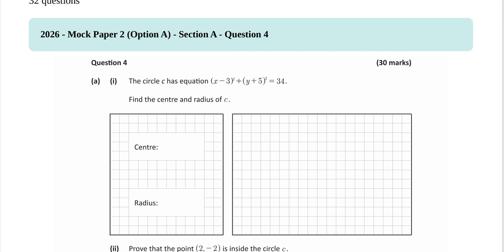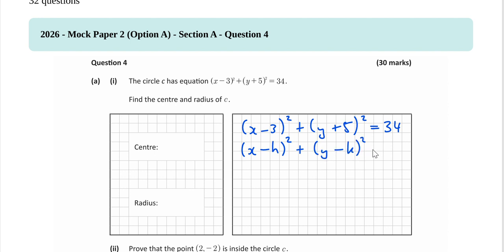So what we do here is we write down our circle: (x − 3)² + (y + 5)² = 34. Underneath that, I'm going to write down from my log tables the equation of a circle, which is (x − h)² + (y − k)² = r².